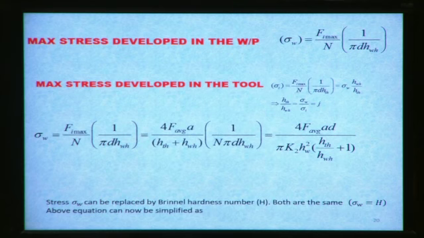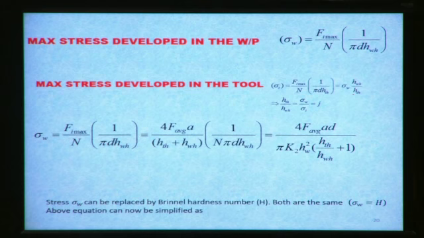Okay, so Fi max by N by pi d can be substituted by sigma W. So we can put it here as sigma W, then it will be SW by STH.